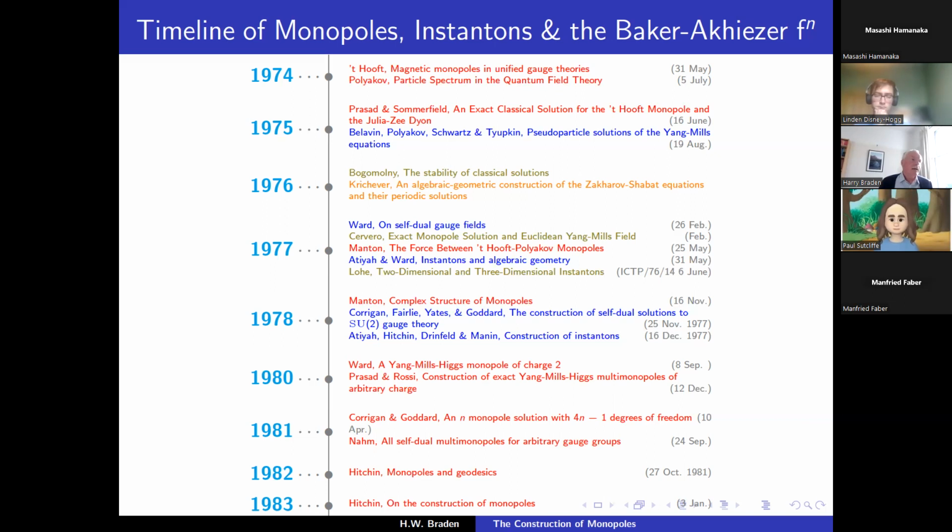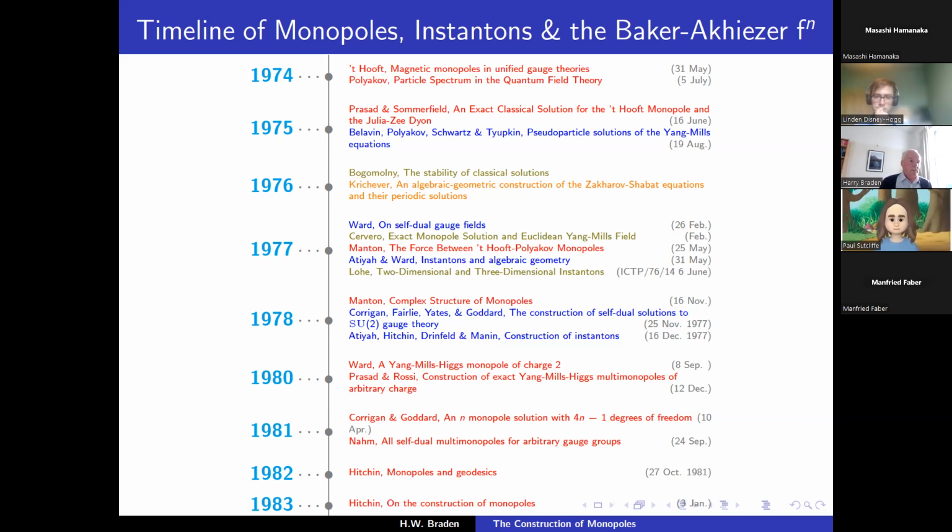In studying the equations that came from those, Prasad and Sommerfield discovered a solution that was a limit, and that's going to be important to us. And Bogomolny a little later gave us an understanding of why those equations appeared.